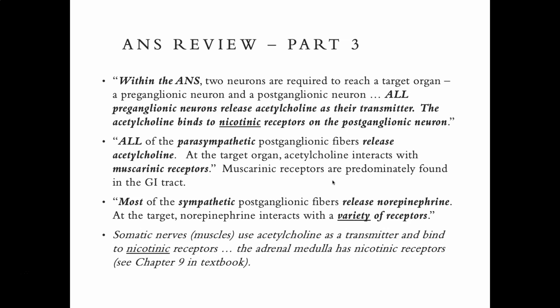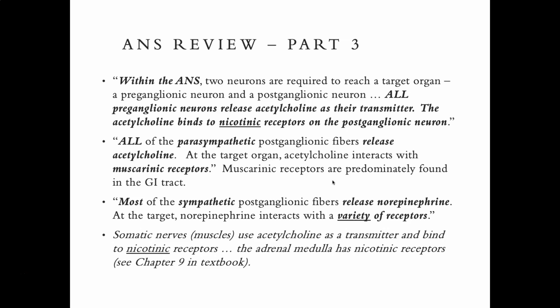So let's go back here. We were talking about a preganglionic neuron and a postganglionic neuron. And we were talking about how the pre releases the acetylcholine, and that binds to nicotinic receptors on that postganglionic neuron. But then you get to the parasympathetic postganglionic fibers.